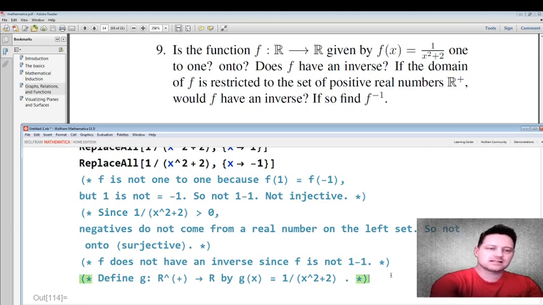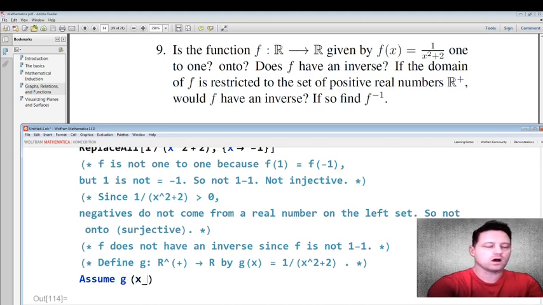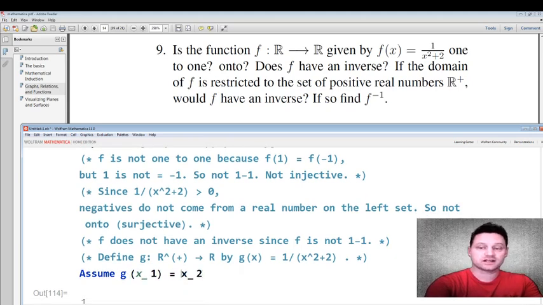Okay, so this is easy to do. Remember, what we need to do is say, assume that g of x1 is equal to g of x2. And then we need to show that x1 has to be equal to x2.